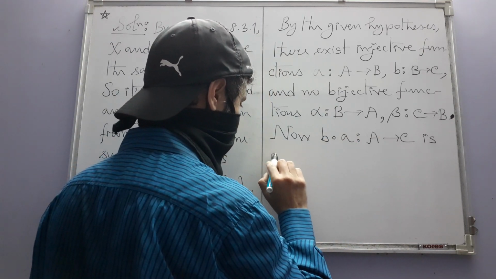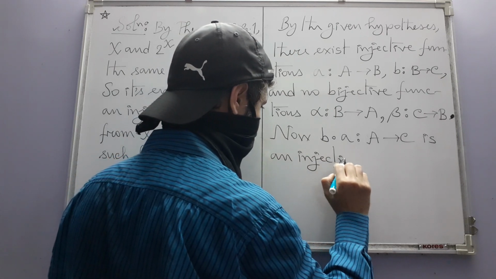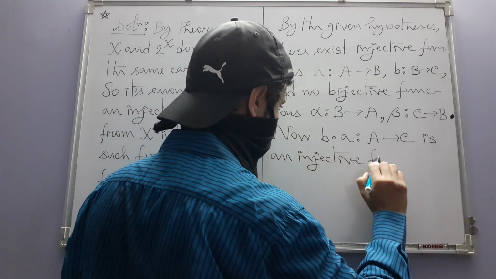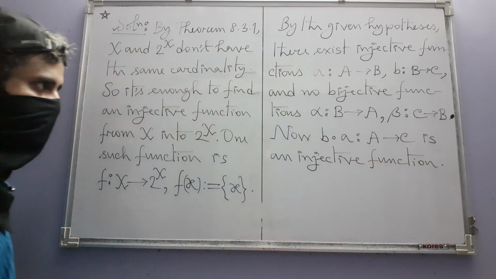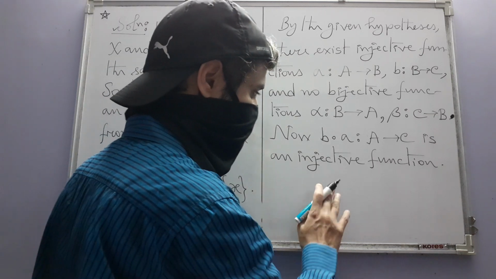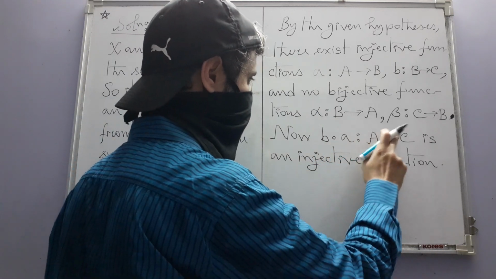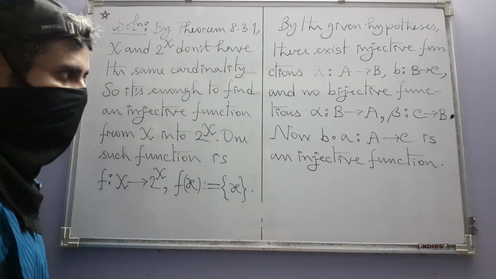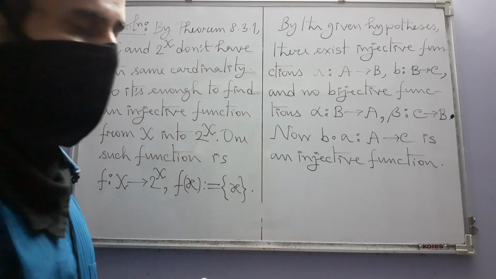But that's simply not enough. This tells us that A has lesser or equal cardinality to C, but we need to also prove that they cannot have the same cardinality.